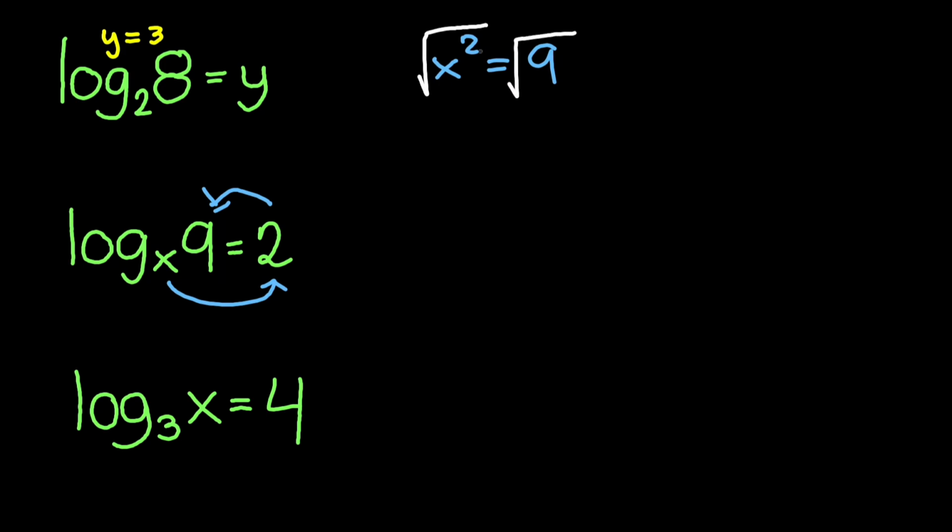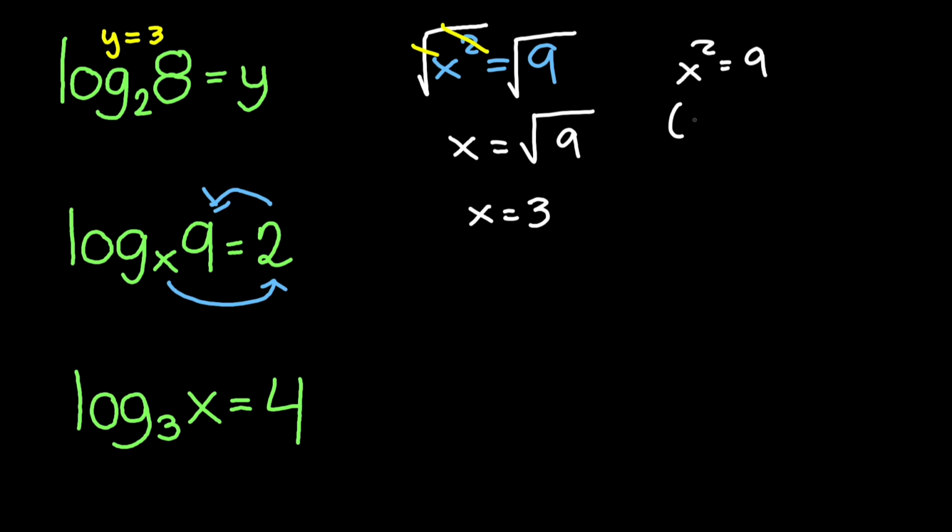The square root and this exponent of 2 will cancel each other out. And so x here would be equal to the square root of 9, which is 3. If you want to check, x squared equal to 9. Replace x with 3. 3 squared is also equal to 9.